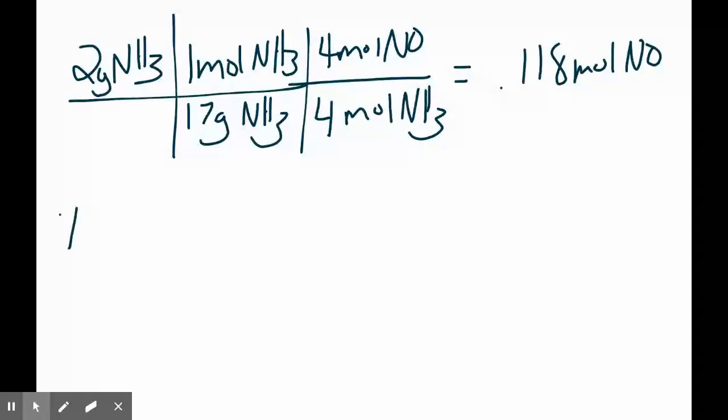So that's our first calculation. Our second calculation is going to start with the 4 grams of O2. So again, we want to go from grams of O2 to moles of O2 using the molar mass.